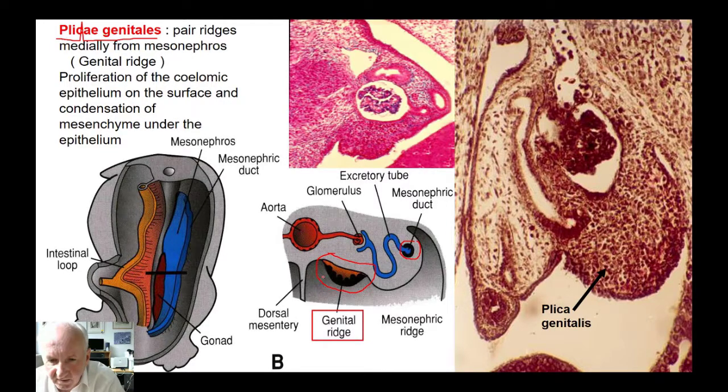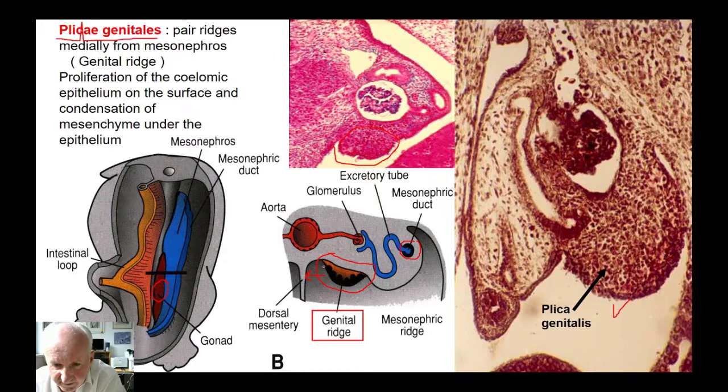So closer to the dorsal mesentery, on the medial part of the urogenital ridge, is the genital ridge. Here you see it, and here you see it. Yes, very nicely. So now you see the proliferation.